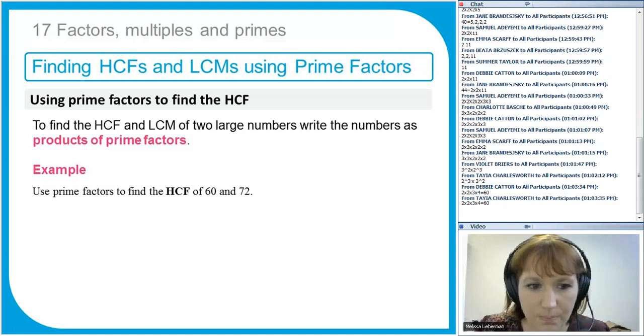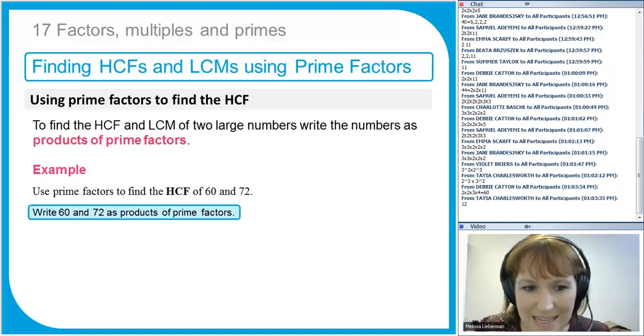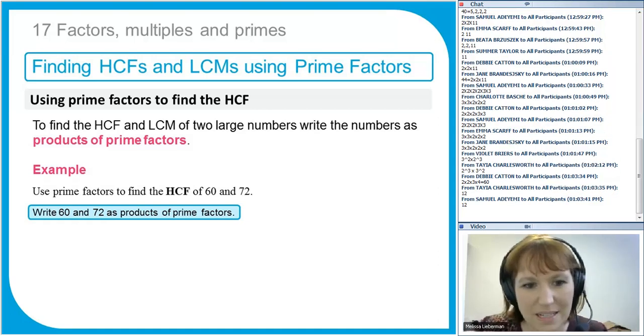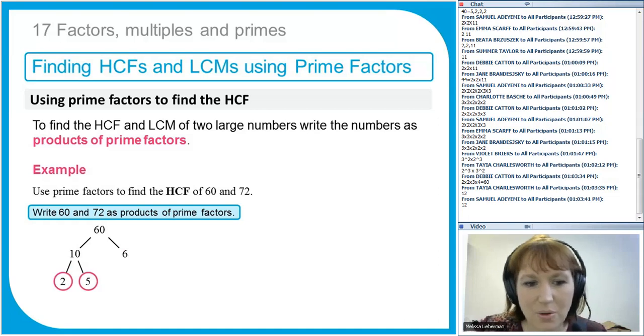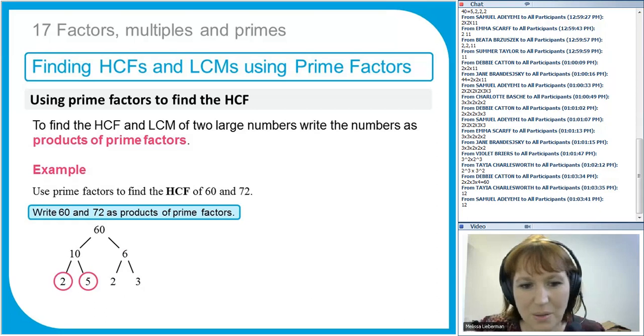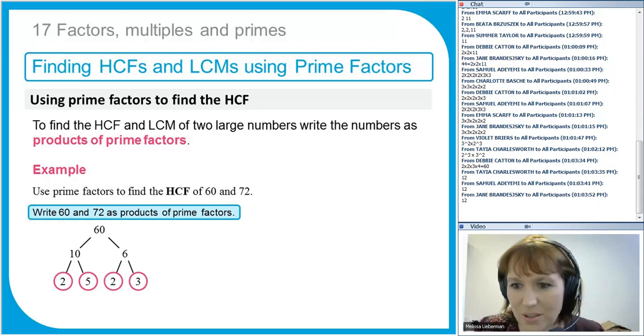So what you would do is first of all write 60 and 72 as products of prime factors. Now, we already wrote 72 as prime factors, but you just split it up in the usual way. So 60: 10 times 6. 10 is 2 times 5, circle those because they're prime numbers. 6 is 2 times 3, circle those because they're prime numbers. So we've got 60 there as a product of prime factors.